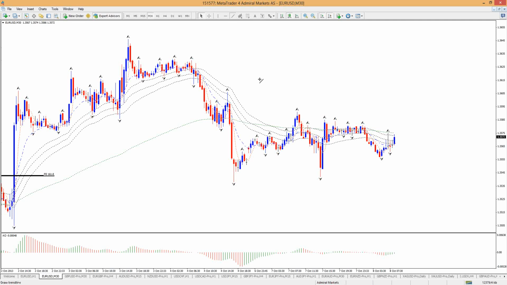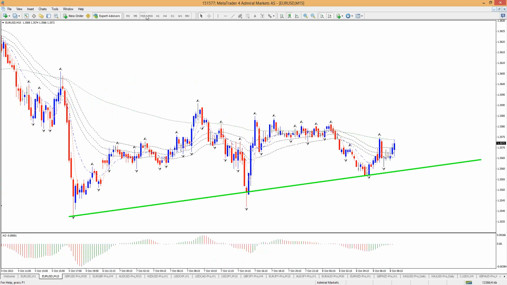So yeah, we're getting a bit of a bounce still. Couldn't break it. Let's see.